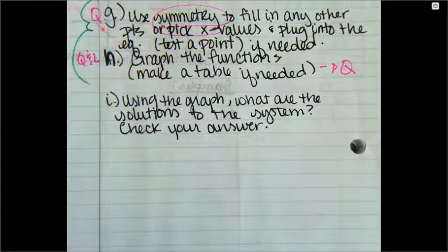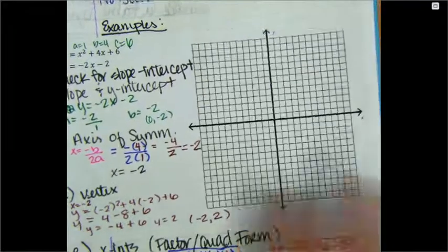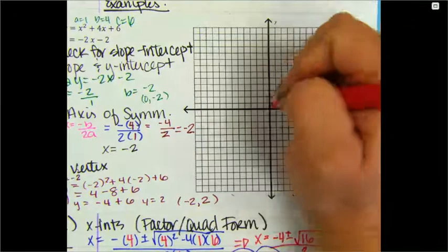Here we go. Let's graph. Go back to the graph. We're ready to graph, and then we'll go back to answering those questions. My suggestion is this: graph the quadratic first, and there's a reason why. When I go to graph the quadratic, what point do you need to graph first? The vertex. So what's the vertex? Negative 2, 2. So go ahead and graph negative 2, 2.